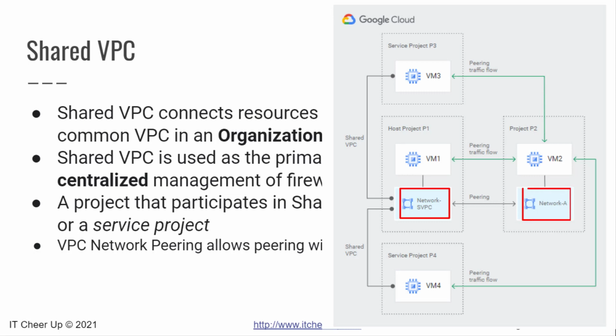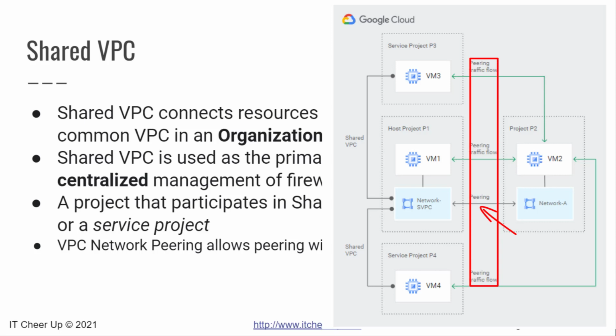Network SVPC peers with the network A. So as a result, you can see the VM instances in the shared VPC service projects that are using the network SVPC, VM3 and VM4, have private internal IP connectivity with any endpoints associated to the network A. VM instances associated with network A will have private internal IP connectivity with any endpoints associated to the network SVPC, regardless of whether those endpoints live in the host project or in a service project.